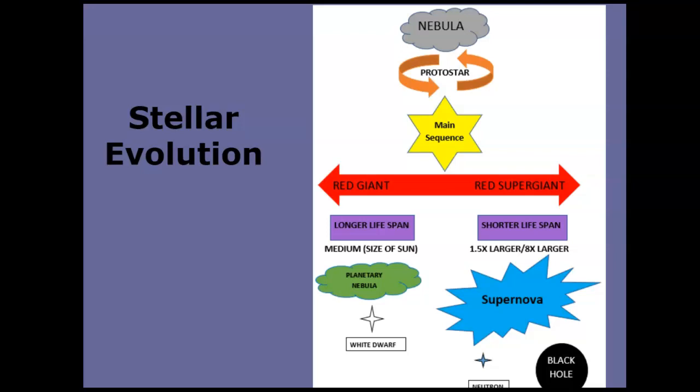Now your largest stars, those massive stars, are going to result in a red supergiant, where it's much larger. What's going to happen is, as it expands, it will eventually explode into what's called a supernova explosion. After the supernova explosion, depending upon that mass, you're going to be left with one of two things.